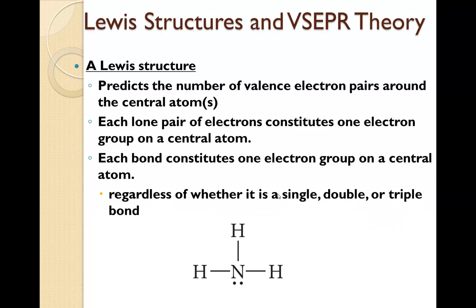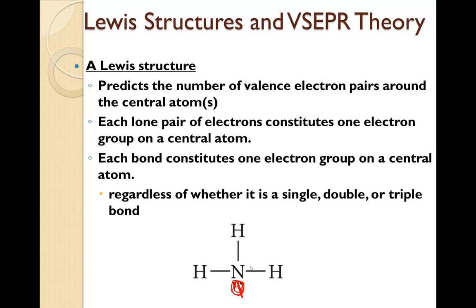Now, we were discussing Lewis structures previously. The Lewis structure is able to predict the number of valence electron pairs around a central atom. Each lone pair of electrons constitutes one electron group on the central atom. So even though it's not bonded to anything down here, we still have to consider it because of that lone pair.